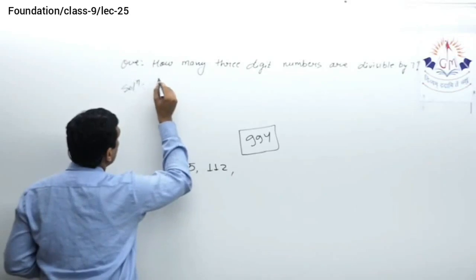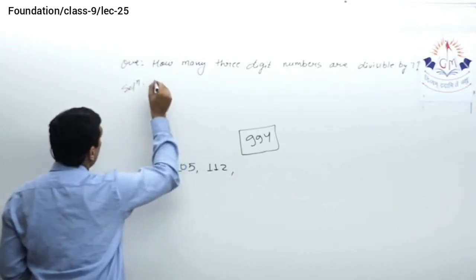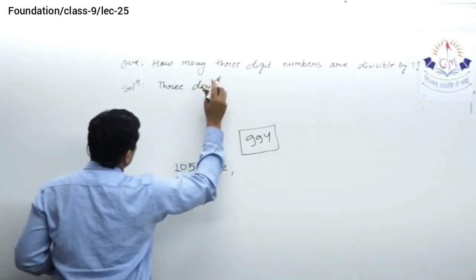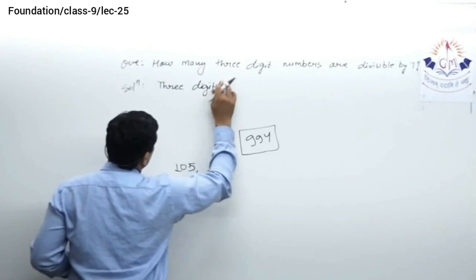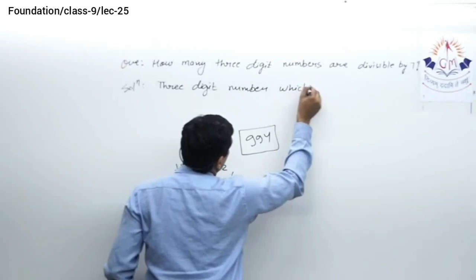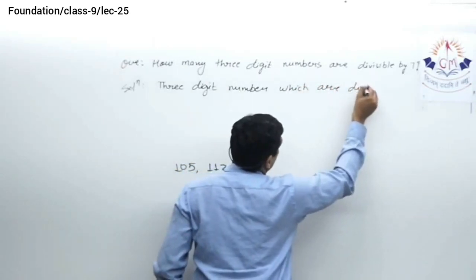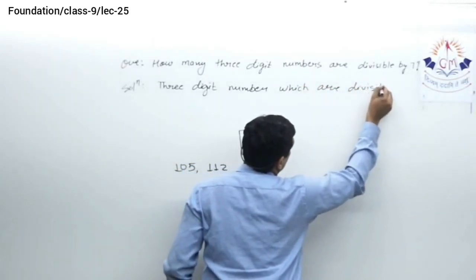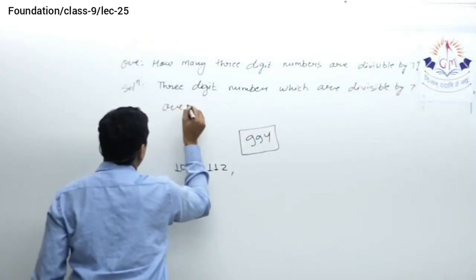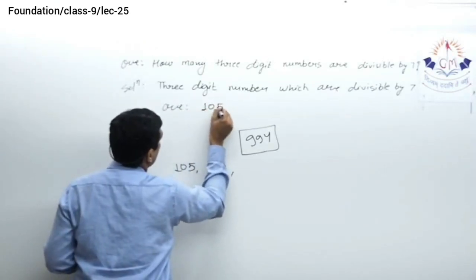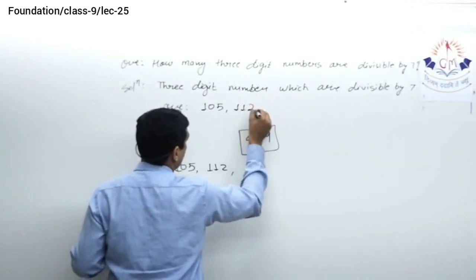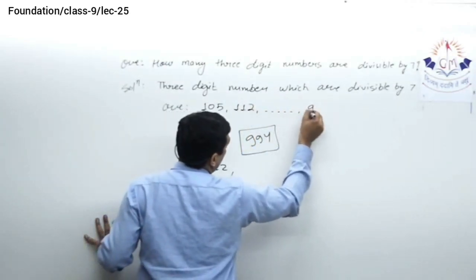So here I will write: 3-digit numbers which are divisible by 7 are 105, 112, and so on up to 994.